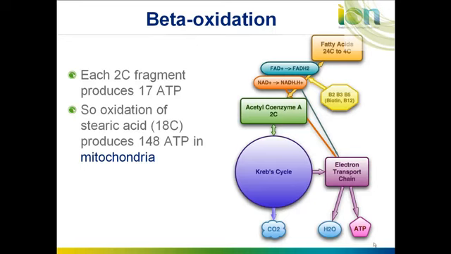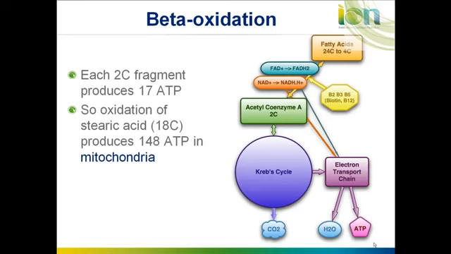I think beef is quite high in stearic acid, produces 148 molecules of ATP. So I'll just put that in as a little example when it's been beta oxidized. And remember that the whole process occurs in the mitochondrion, being a solely aerobic process.